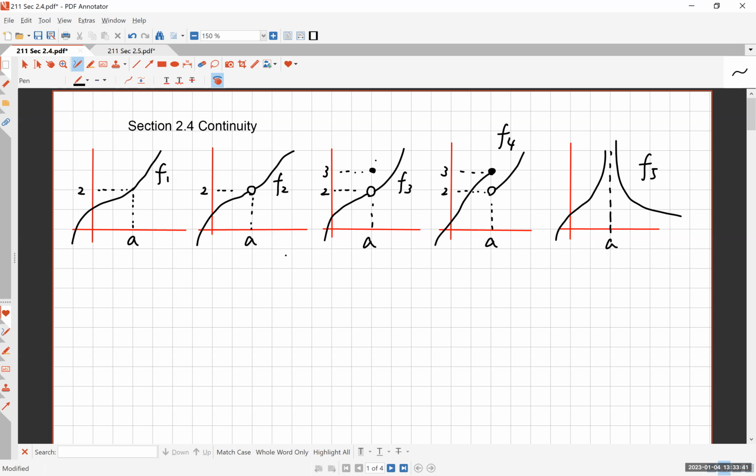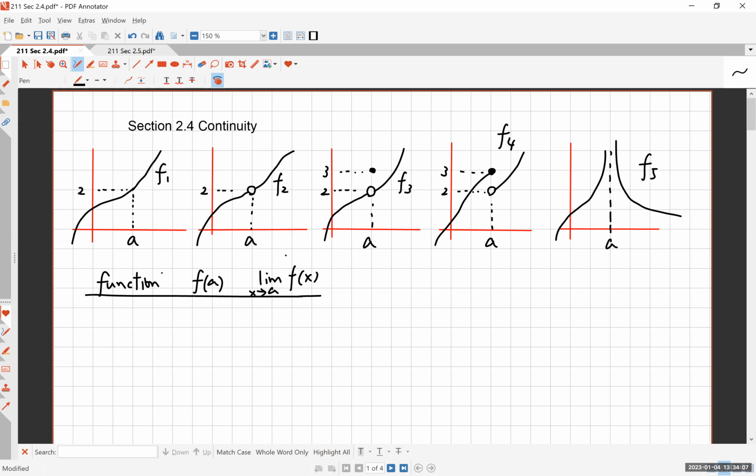All right, so let's look at these a little more carefully. We have a function, which is f1, f2, f3, or whatever. Is the function defined at a? If so, what is the value? And then the limit of f(x) as x approaches a.